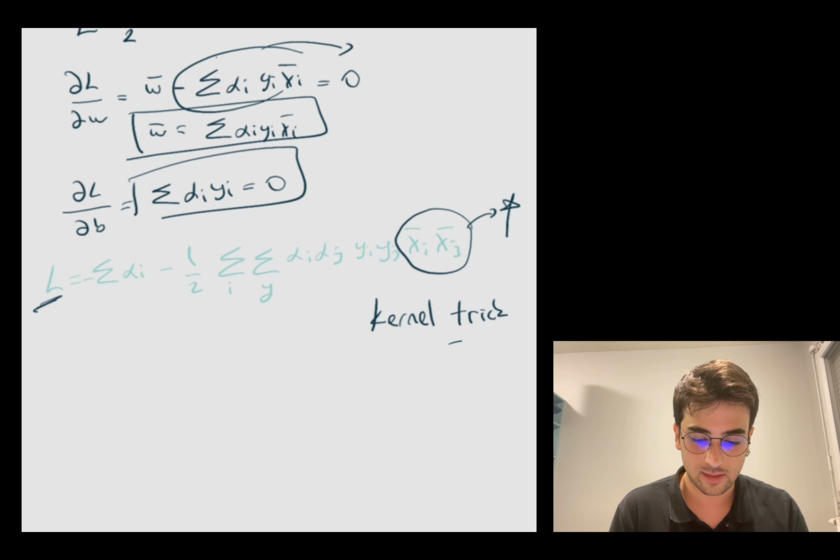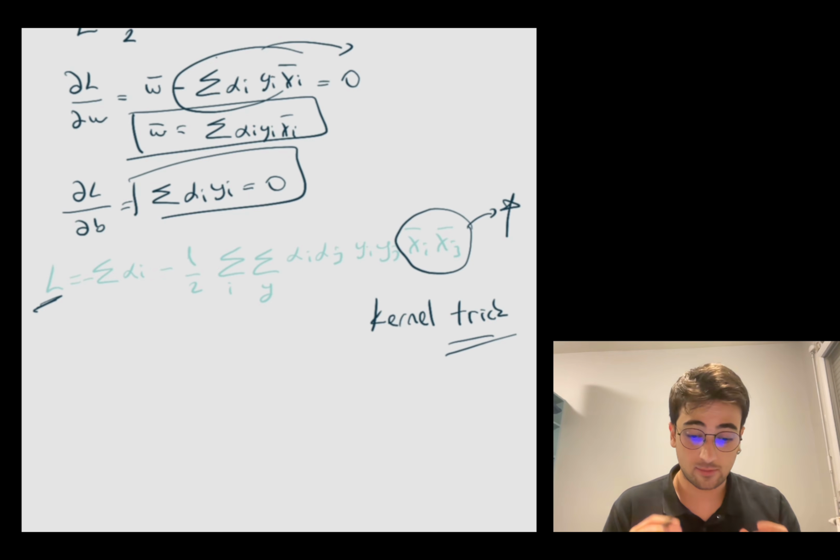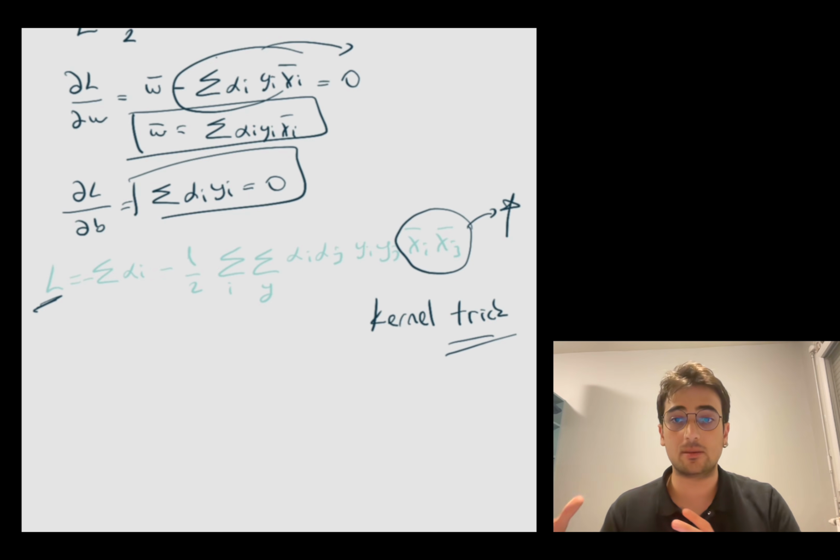A kernel is a mapping function kind of. So if it's not linearly separable, you can change the dimensions, or project the values into a different dimension, a higher dimension.